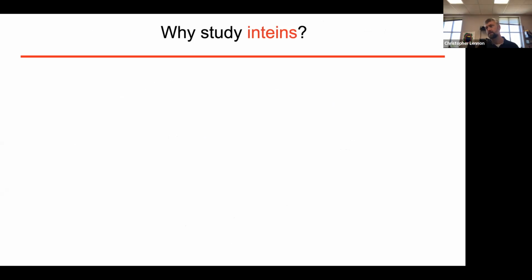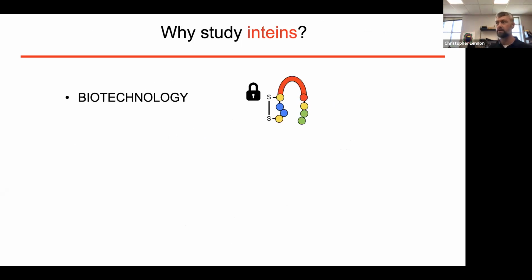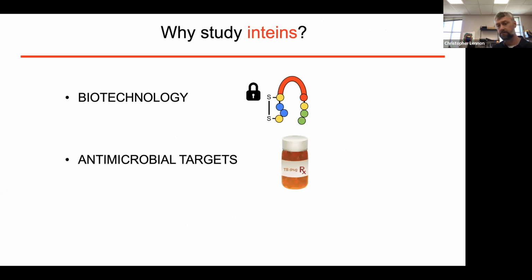So why are we interested in inteins? This ability to rearrange peptide bonds is really useful in protein engineering and has led to the invention of dozens of really exciting biotechnologies. We're also interested in inteins as novel antimicrobial targets, as they're absent in humans and present in some pretty nasty human pathogens.